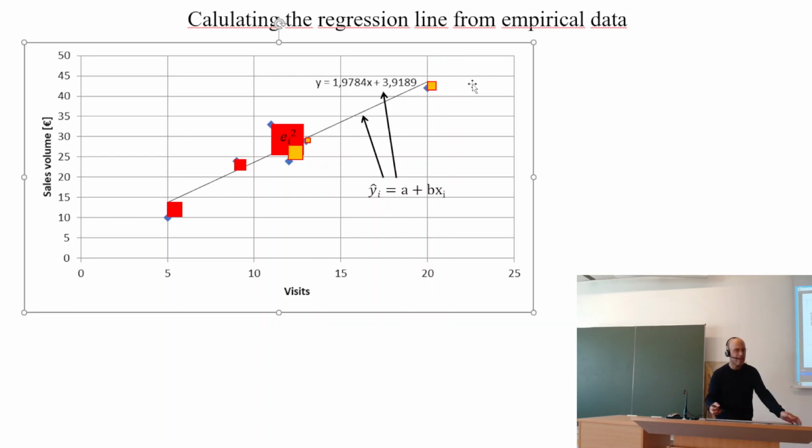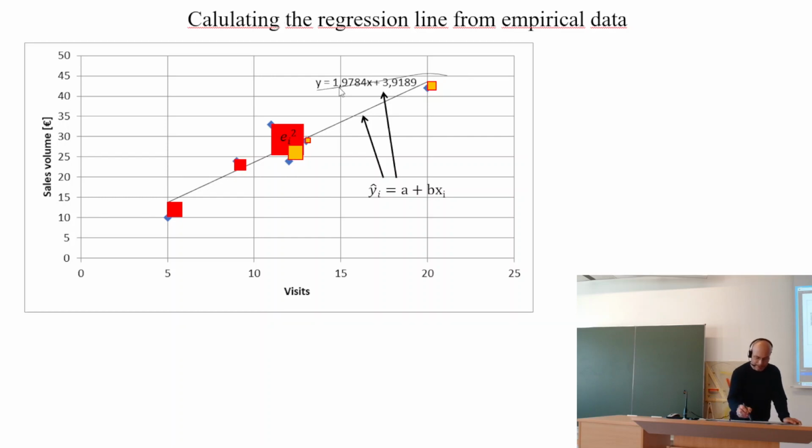So now if I would move this line a little bit to the right or the left, then of course all these areas, all these squares will change, and the sum of these squares will be then larger than the sum of these 6 squares which I have here.